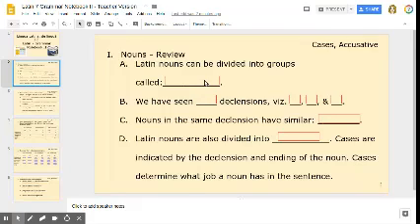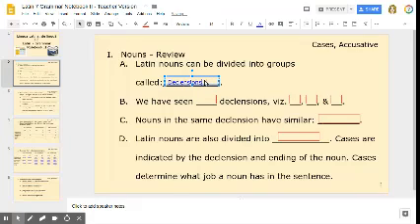Noun cases can be divided into groups. Those groups are called declensions.